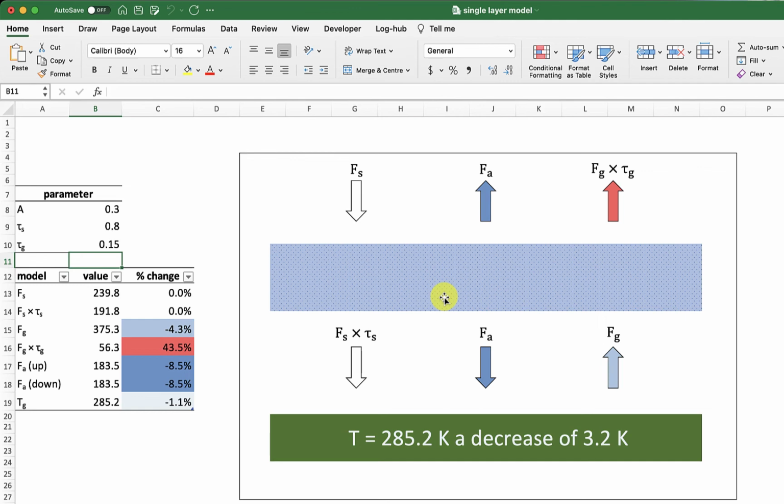For instance, you can predict what the effect on temperature will be due to, say, a volcanic eruption, such as the Hunga Tonga eruption we saw in early 2022. You could account for changes in albedo due to polar ice caps melting or to changes in greenhouse gas concentrations.